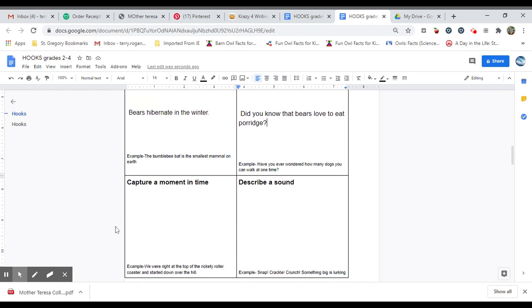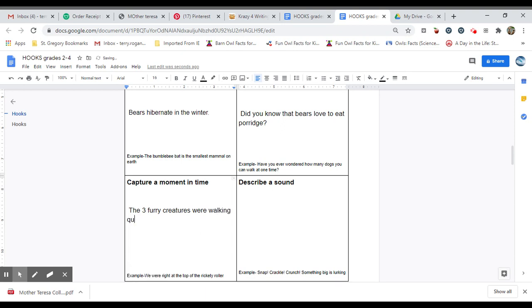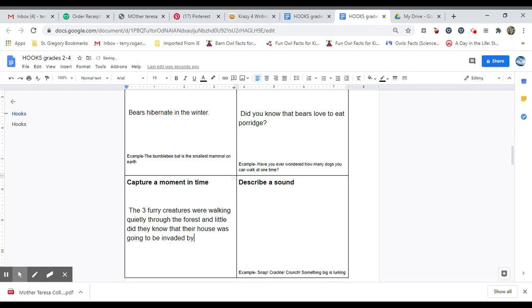Capturing a moment in time. So it could be something like, "The three furry creatures were walking quietly through the forest, and little did they know that their house was going to be invaded by a little girl."